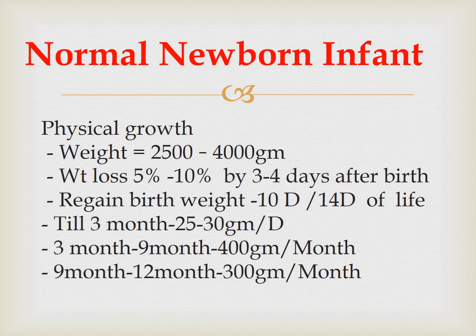All the retained fluid is lost, so the baby loses weight. After that, there is regain of weight by 10 days in case of a term baby and by 14 days in case of a preterm baby. So by 10 days, a term newborn comes to the birth weight, and preterms by 14 days come back to their birth weight.